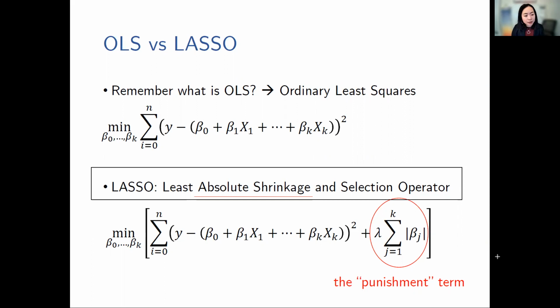The least absolute shrinkage and selection operator also minimizes something, and the first part is exactly the same: the sum of squares of the distance between the dot and the line. But there's an extra punishment term, which is lambda times the sum of all the coefficients' absolute values. So you're going to minimize these things, so you want this term to be smaller so that you can minimize the total.